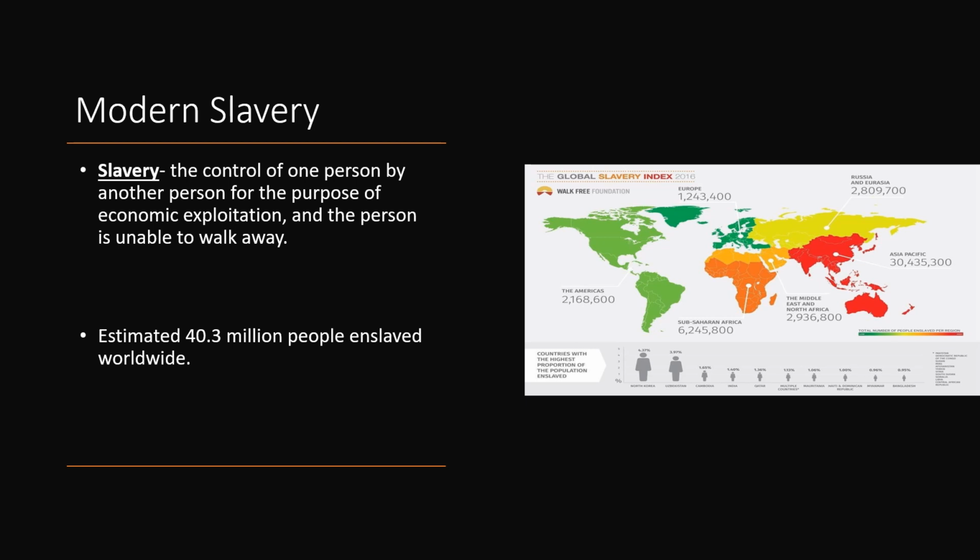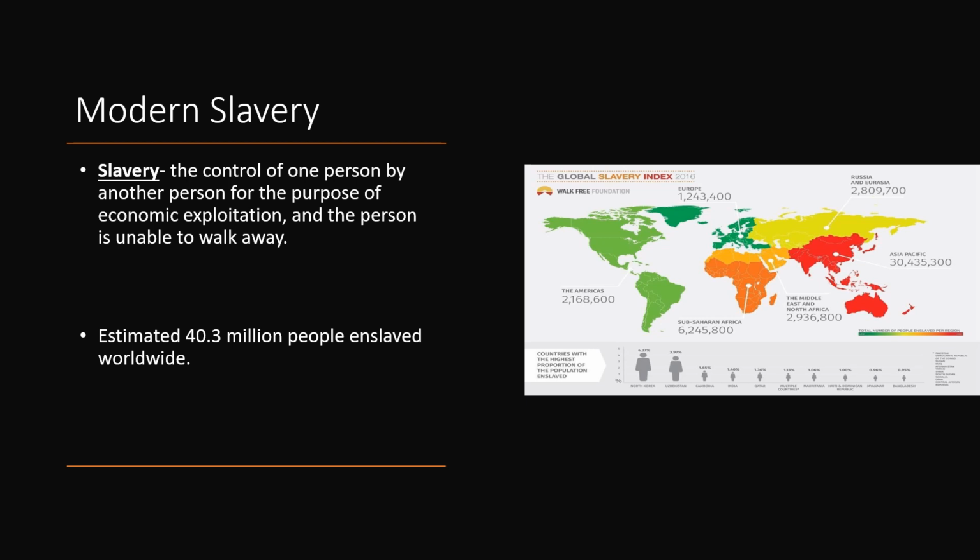So you see the definition that I read to you a little bit earlier. It's estimated that 40.3 million people are enslaved worldwide. There are differences in the definition, and that explains some of the wide variation in numbers that we get.